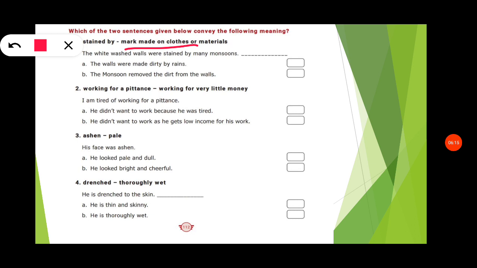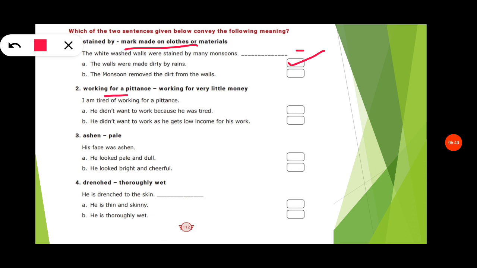In your prose, the whitewashed walls are stained by many monsoons. So the walls were made dirty by rains, or the monsoon never drained from the walls. The correct option is option A: the walls were made dirty by rains.